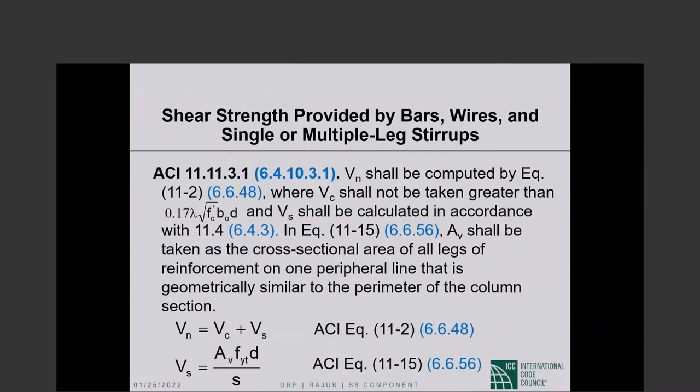Now, when we use shear reinforcement, conventional shear reinforcement, as you saw, if you'd give me just 30 seconds, I have to shut off the sound that is coming in.